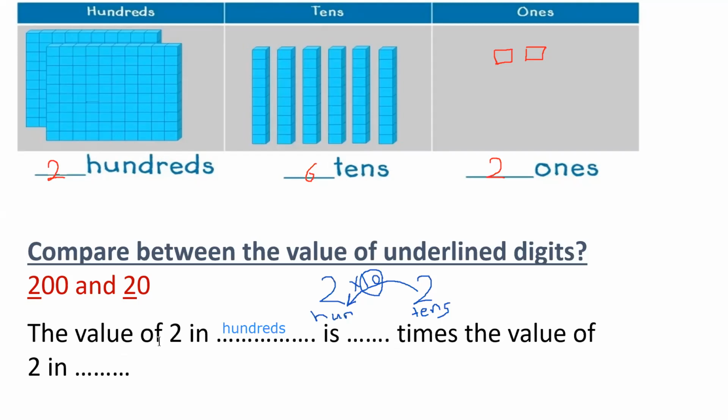So the value of 2 in the hundreds digit is 10 times the value of 2 in the tens digit. Okay? This is how you will know which digit is the bigger number.